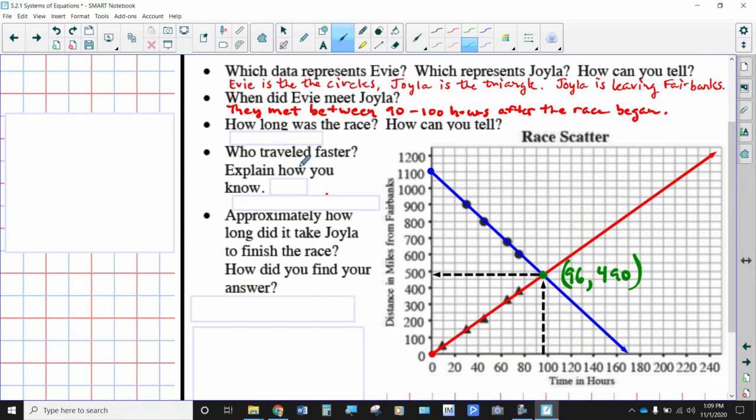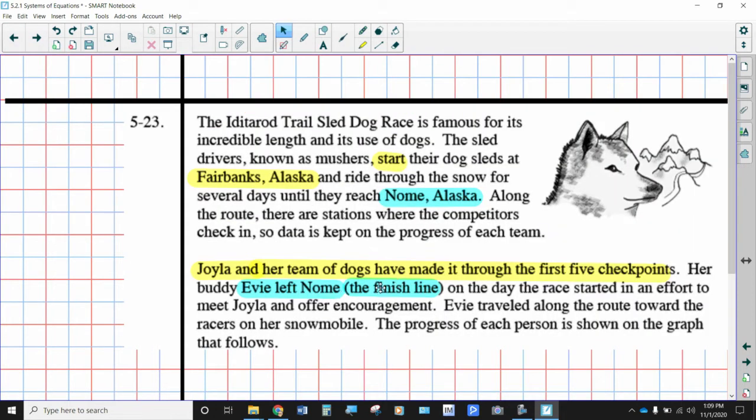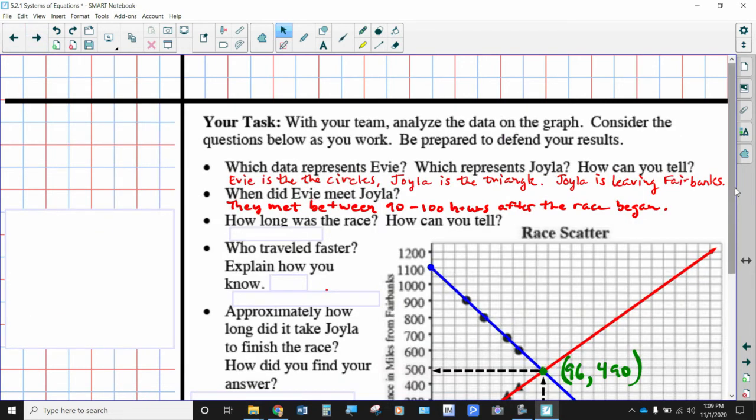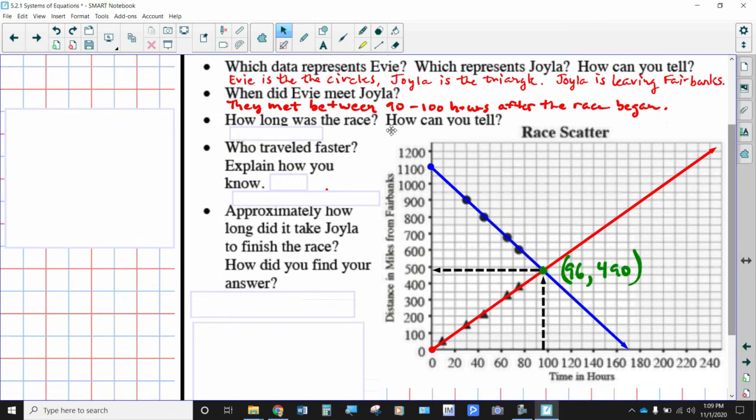So now let's go back and start answering more of these questions. How long was this race, and how can you tell? Remember where Evie started? She started at the finish line. So if we go back and look at this line, where does it appear the y-intercept is for Evie's line?